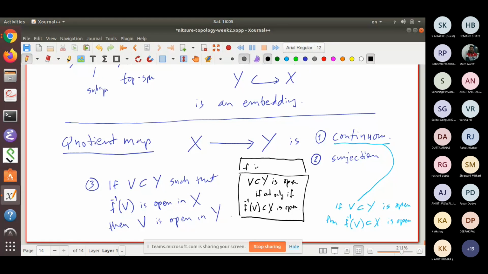I forgot to give this a name: this was F. F is surjective. So these two properties, or these three properties, are what define a quotient map. So we are given a definition. Now we will give plenty of examples. I'll keep on giving you examples of this.